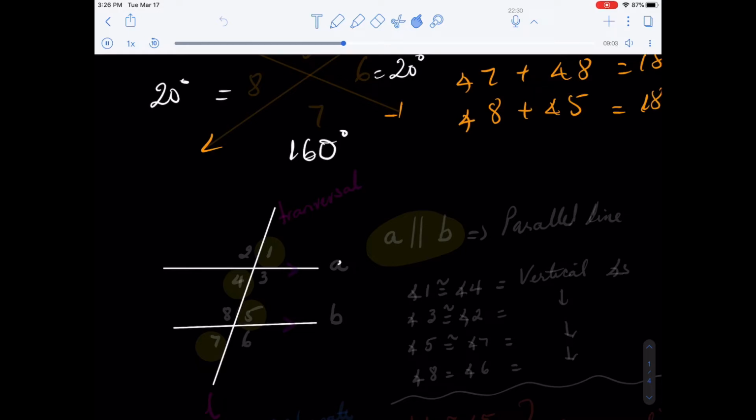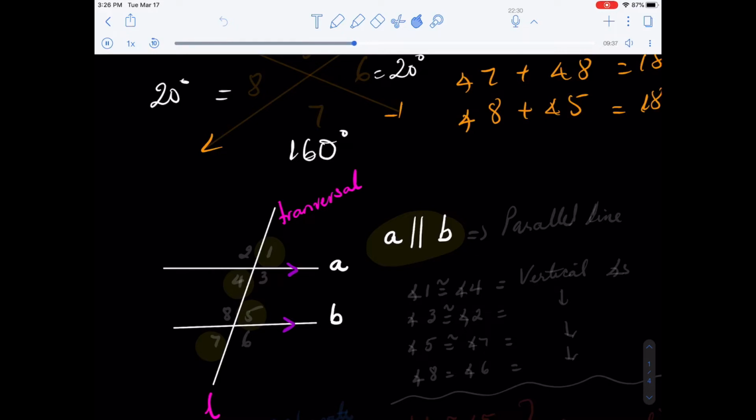If line A is parallel, you're going to see that this sign right here means parallel, to line B. If I give you that information, line A is parallel to line B, and those lines get cut by a transversal line, line L. What does that mean?